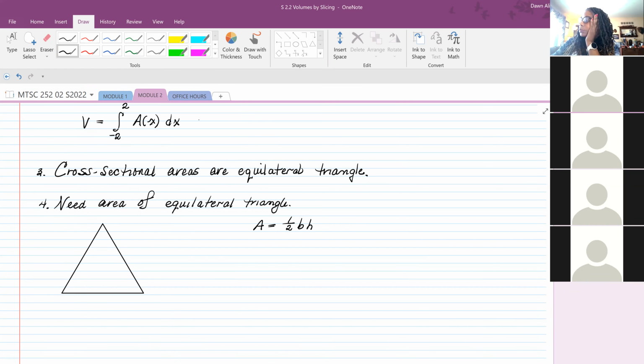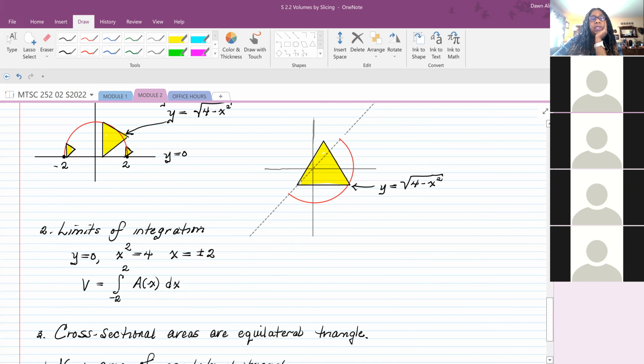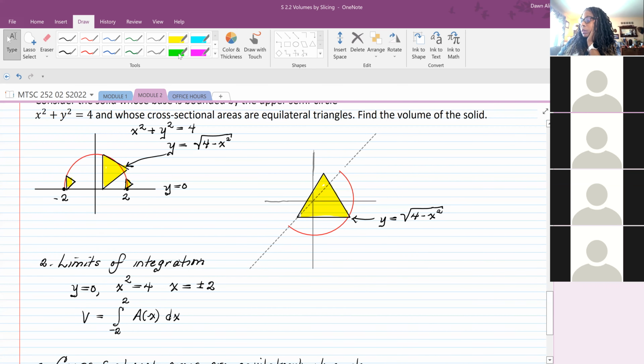So we have this triangle and it's an equilateral triangle. So we need to find H, because the base we actually know. The reason why we know the base is because the base lies right there, perpendicular to the x-axis, and the base is that height.